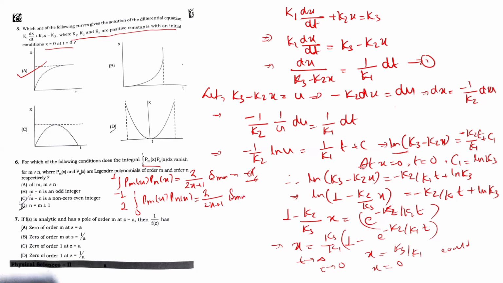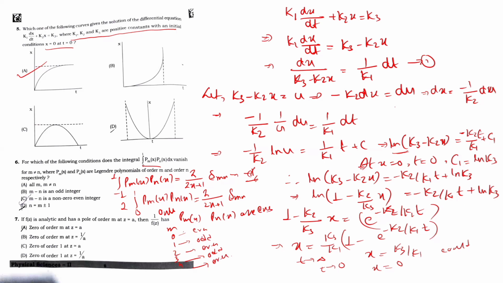Now you see, this can be done only when Pm(x) and Pn(x) are even. For even only, you can just change the limit. So if you take m as 0, 1, 2, 3, 4: 0 is even, then you will get odd, again even, for 3 you will get odd, and for 4 you will get even.